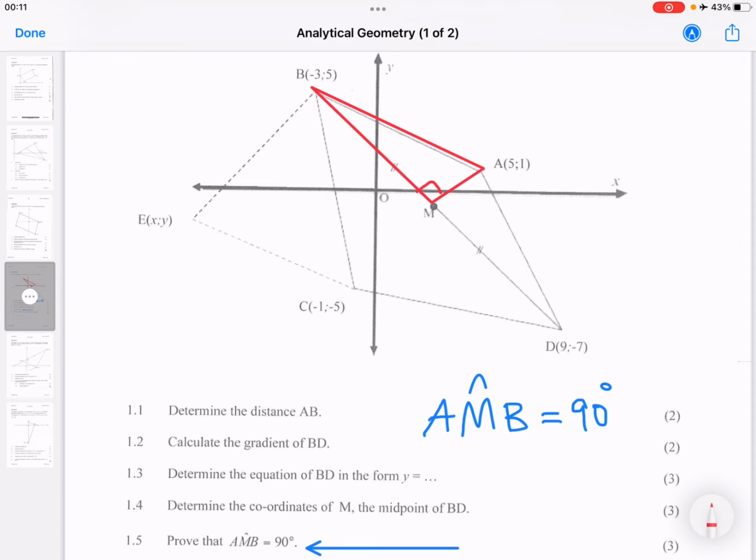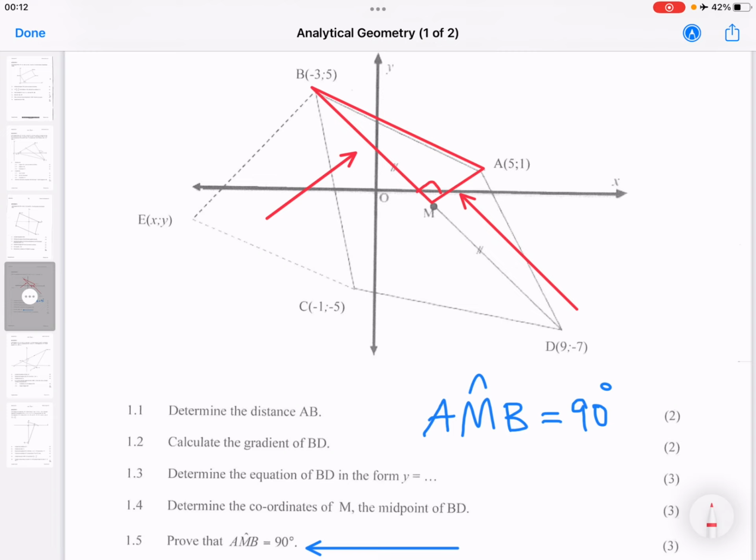Obviously, we do know that for lines forming 90 degrees, they must be perpendicular to each other, which means the gradient of that line, when you multiply it with the gradient of that line, has to give you -1. So that's how you can prove that angle M in that triangle is equal to 90 degrees.